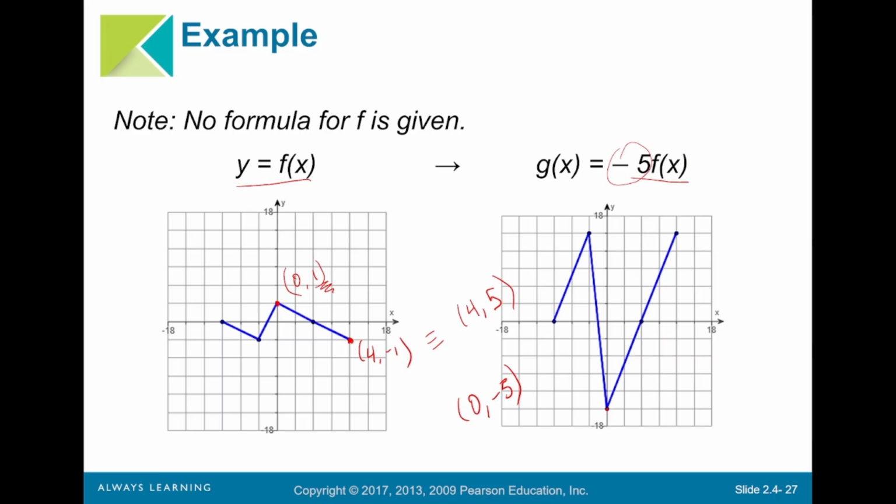So 4, comma 5 is 1, 2, 3, 4, and up 1, 2, 3, 4, 5. Here's 4, comma 5. And it does match up with the original. We're multiplying the original by -5. So we don't always need a function. We can just look at certain points and see what happens to their y values if I multiply by a number.